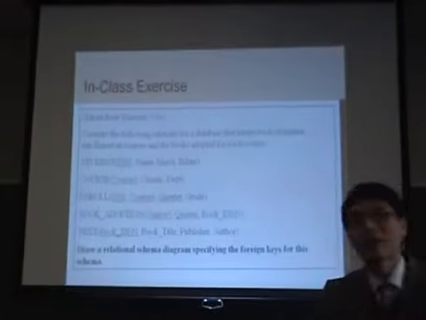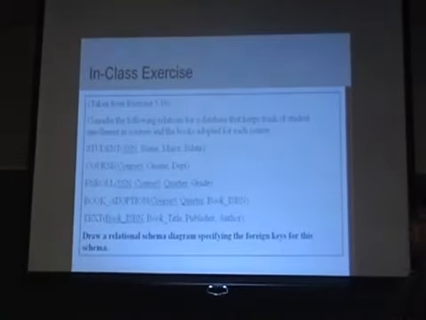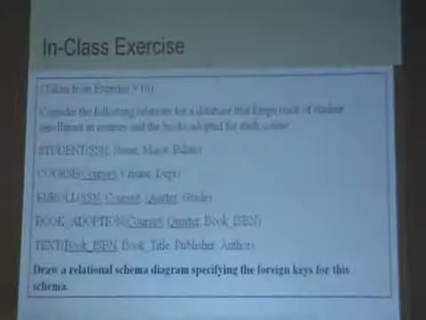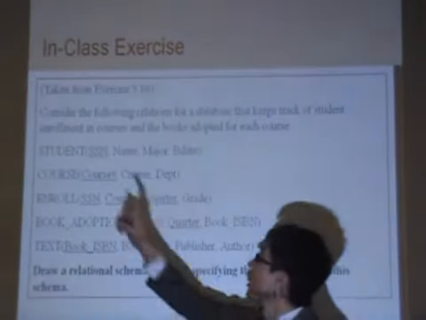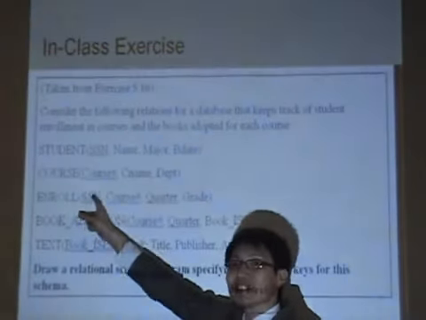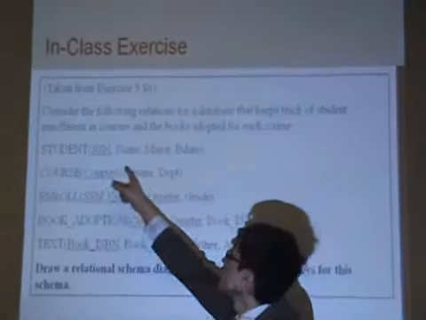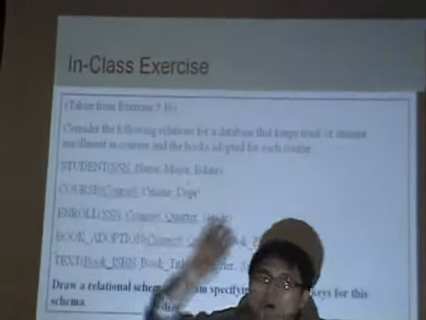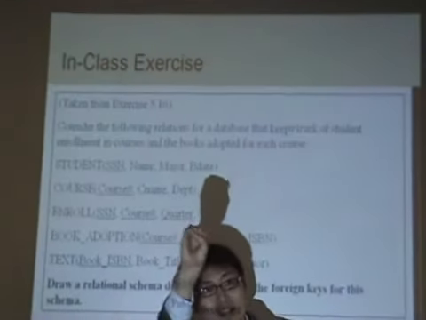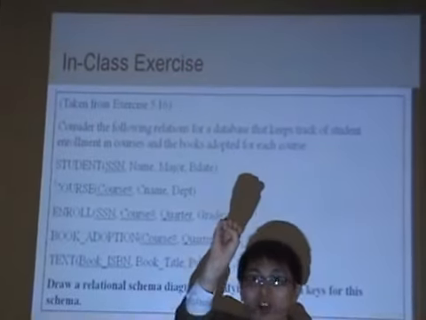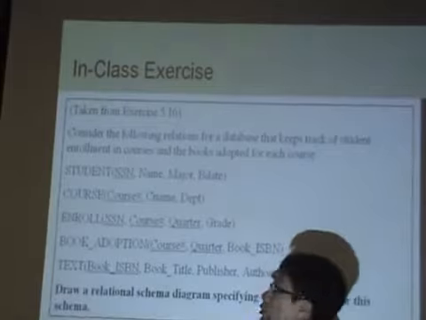Okay, so what can you find first? SSN. Which SSN? SSN in enroll, left first. SSN in student. Always the destination should be the primary key. That's the rule.